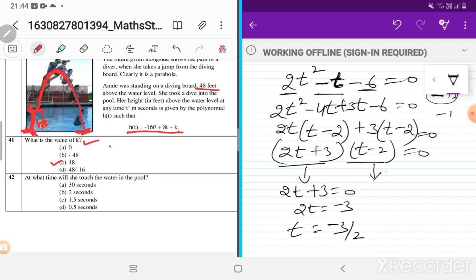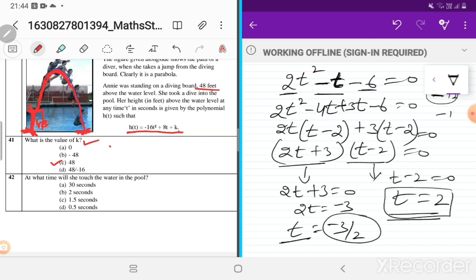If t minus 2 is 0, then t is equal to 2. So I have two values, and t is your time. Is it possible for time to be minus 3 by 2? Time can't be negative, so we reject this value and go with t equals 2.